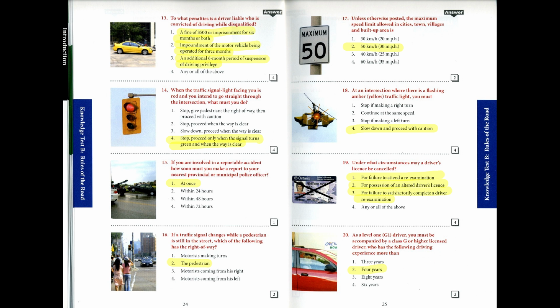Number 19. Under what circumstances may a driver's license be cancelled? A driver's license can be cancelled for failure to attend a re-examination, for possession of an altered driver's license, and for failure to satisfactorily complete a driver re-examination. Number 20. As a Level 1, G1, driver, you must be accompanied by a Class G or higher licensed driver, who has the following driving experience more than 4 years.